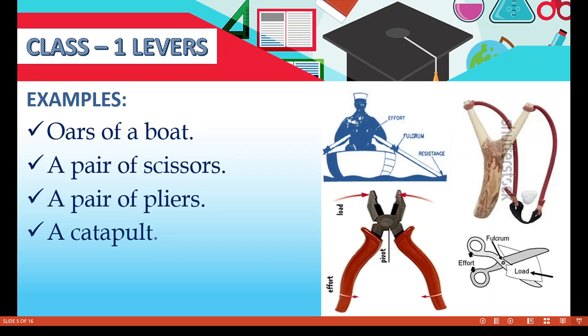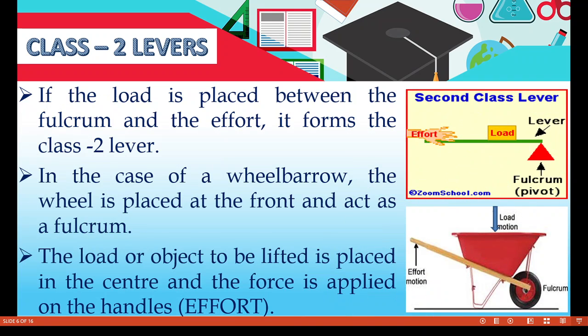The paper acts as the load, and it is placed between the two blades of the scissors, and the effort is applied, that is, the external force is applied on the handles. And the cutter bolt is another example of class 1 type levers. So that's all about the class 1 levers, and now we will pass on to class 2 levers.